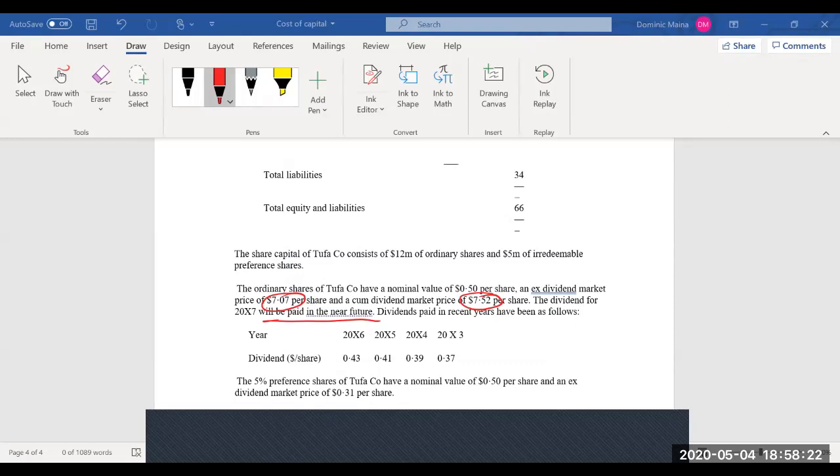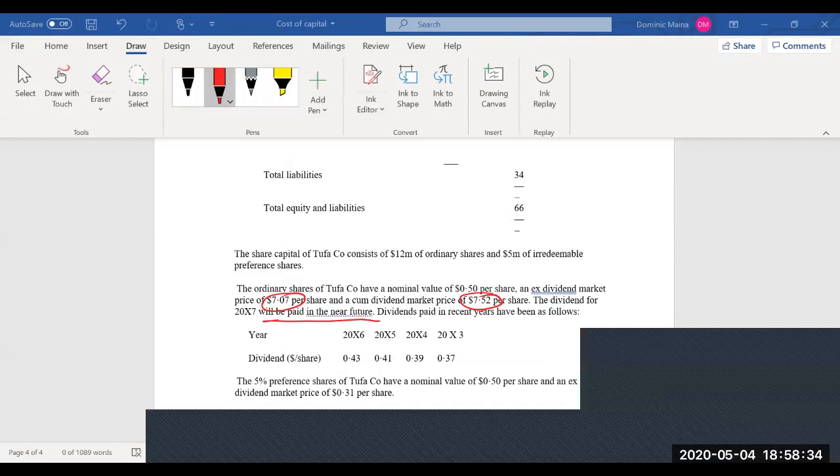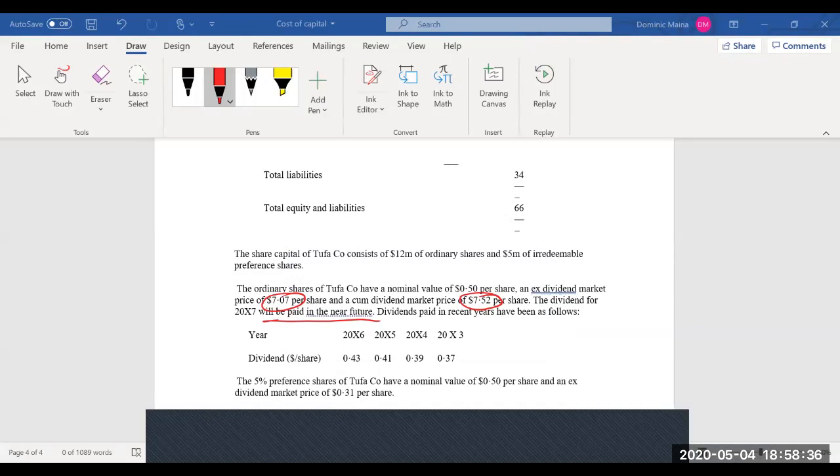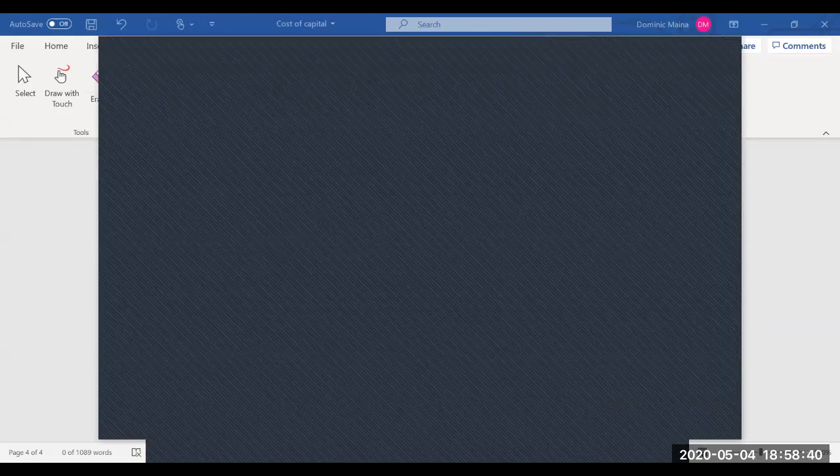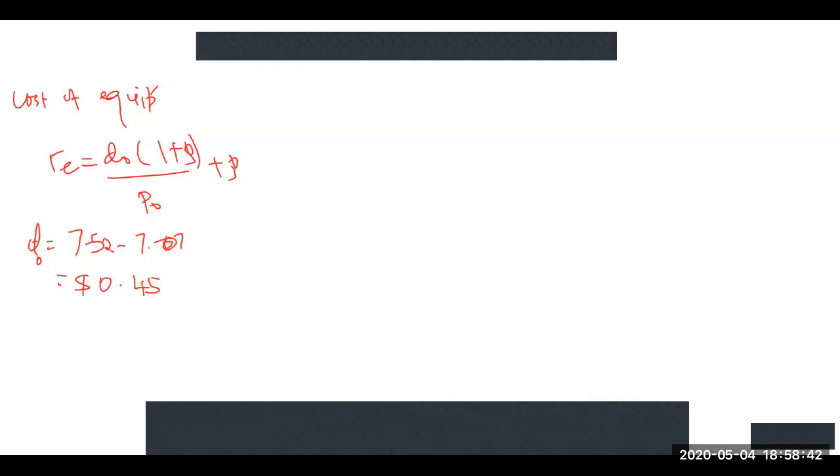But since the share price has already incorporated it, it has become D naught. So this therefore is our D naught, not D1. Thank you for that.